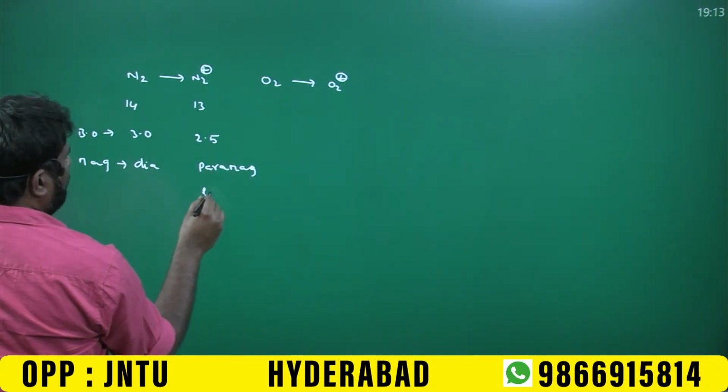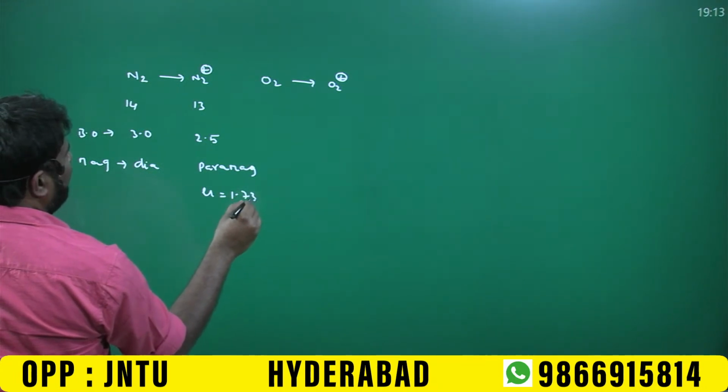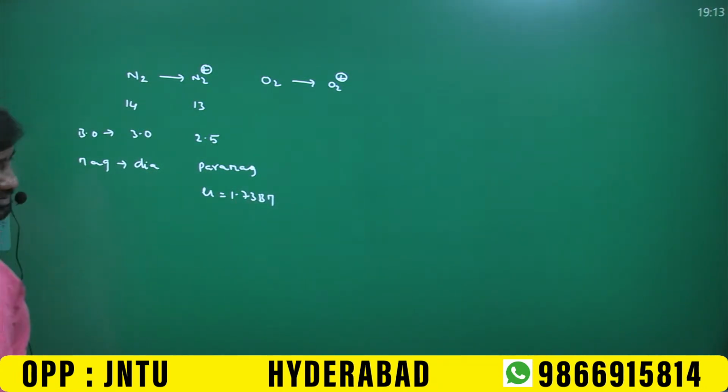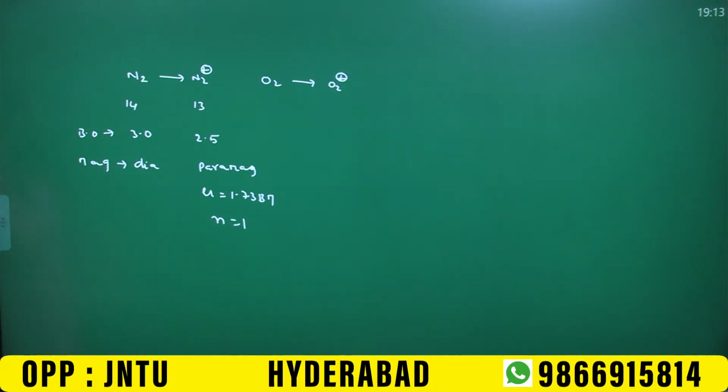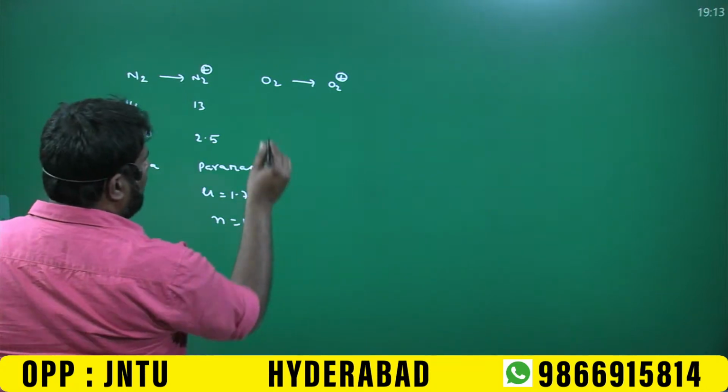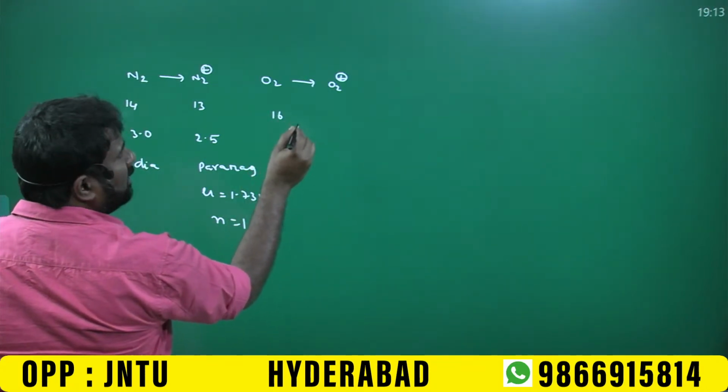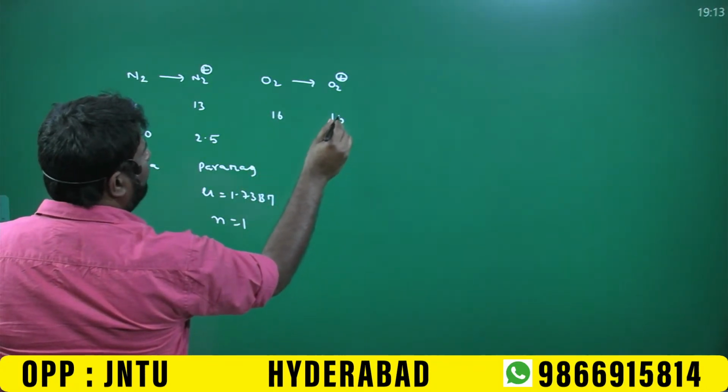Okay? So mu equal to 1.73 BM, Bohr magnetons, because it contains only 1 unpaired electron. While coming to O2, how many electrons do we initially have? 16. This becomes 15.